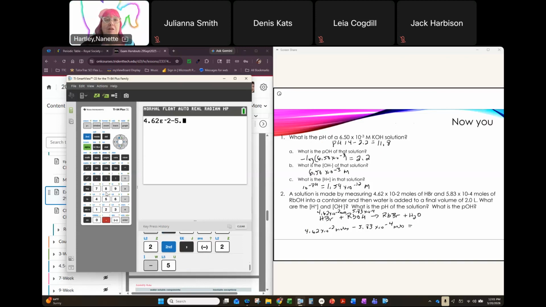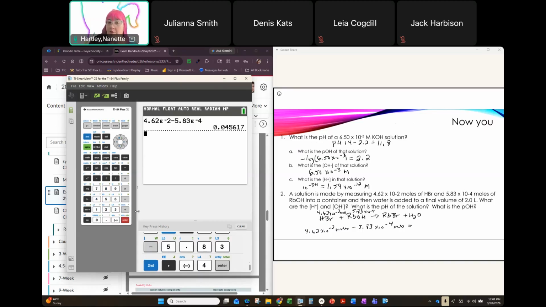My calculator does not always love me. So I have to look and see which one is going to be left over, because if I have a complete reaction so that everything's used up, then I know that there's no excess I need to worry about in my pH. It's whatever's in excess that's going to change those values.